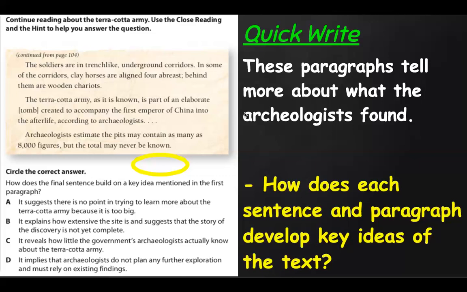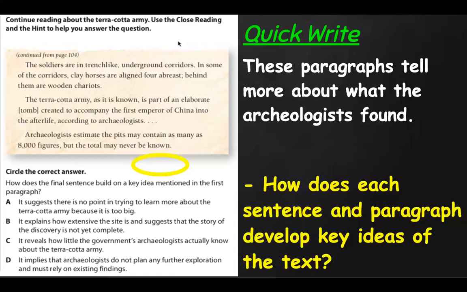Jasmine, you think it's D? Yes, I think it's D. Why do you think that? That it implies that archaeologists do not plan for any further exploration and must rely on existing findings.